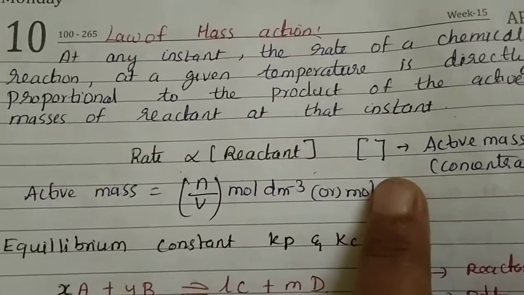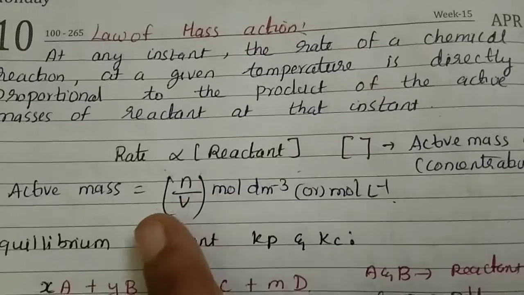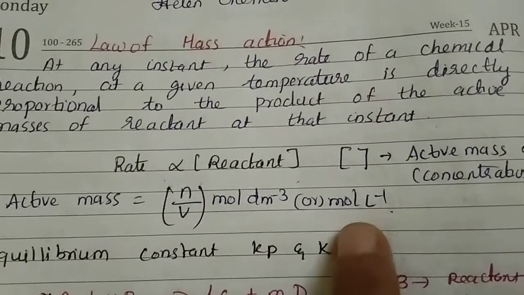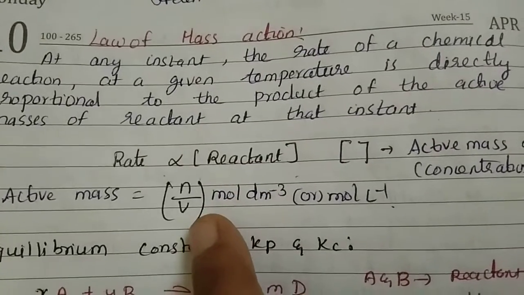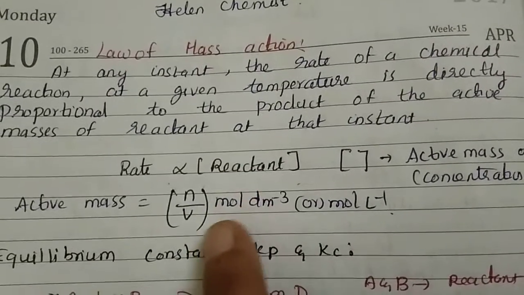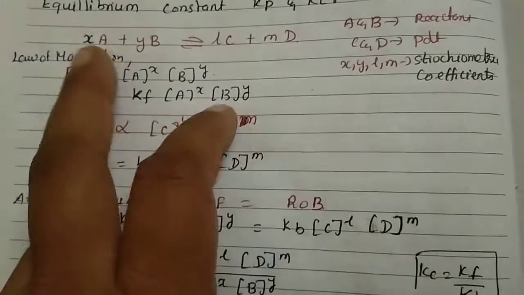This square bracket represents active mass or concentration. So active mass equals n by V, moles per liter, where n means the number of moles and V the volume involved in the reaction. Then equilibrium constant Kp and Kc.